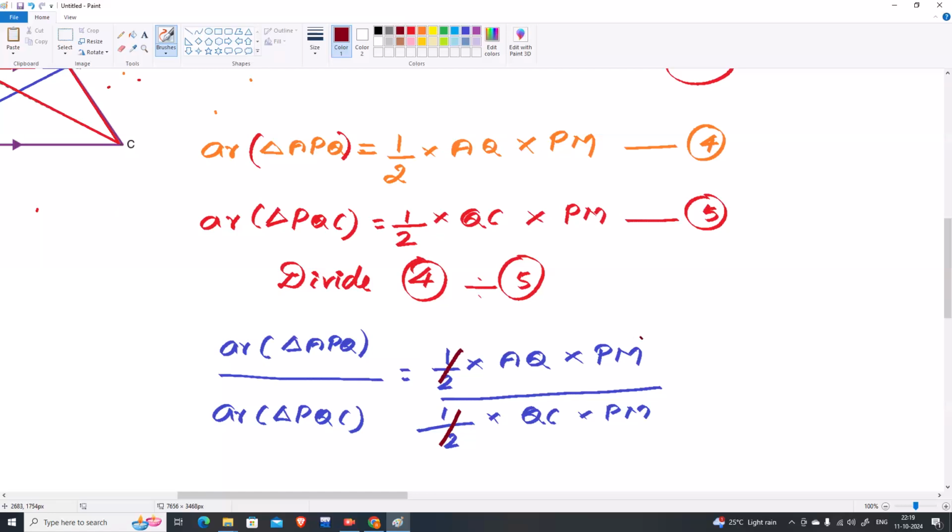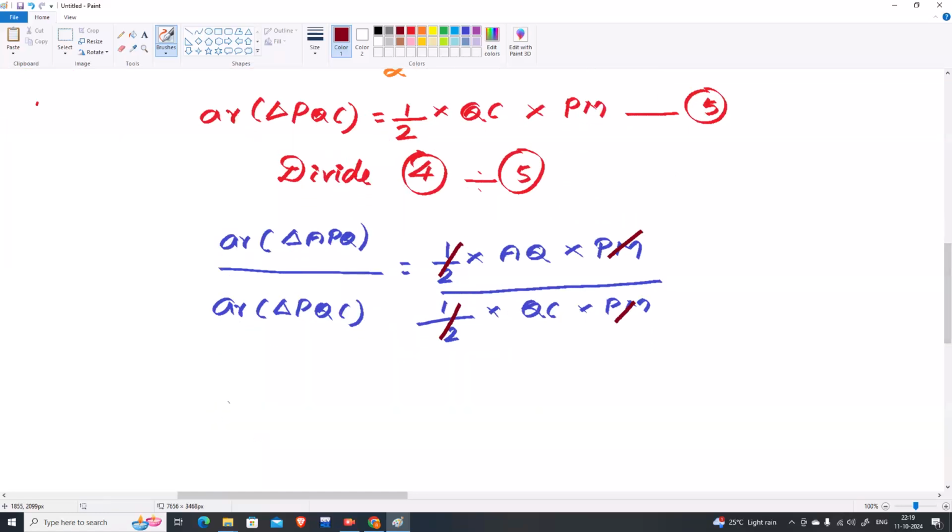Now we are going to simplify the calculation. Half and half get cancelled, PM and PM got cancelled.